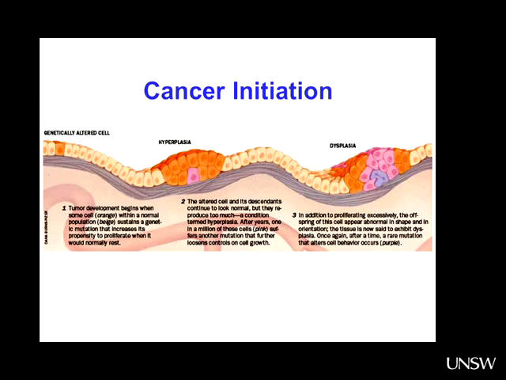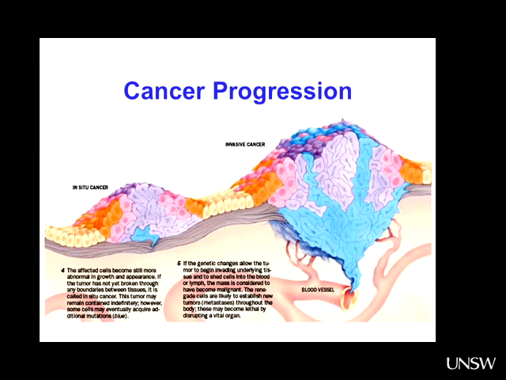But if it occurs among one of these cells, what do we see? Then they become even more abnormal in growth and appearance. They may now be growing far more rapidly and aggressively. They also probably now look quite abnormal in shape and appearance. Quite abnormal, very easy to recognize.